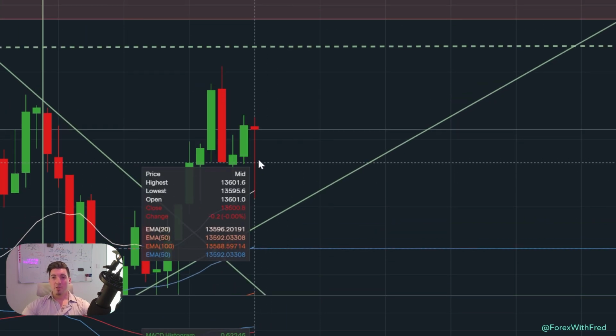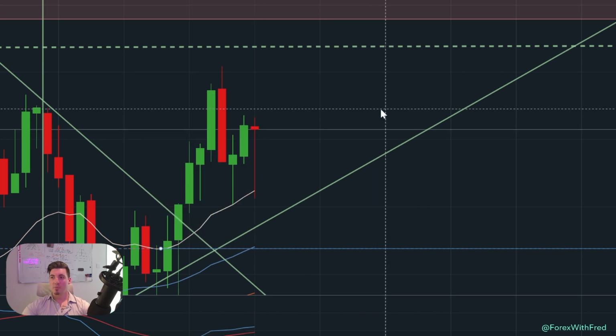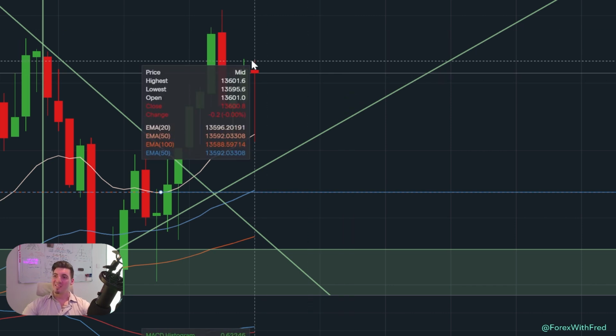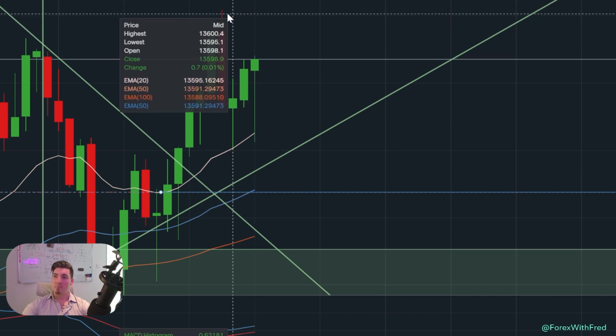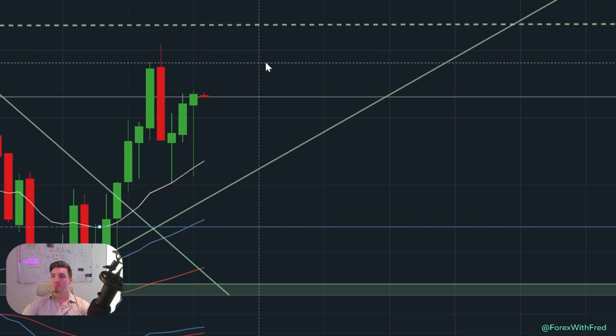But there's a lot of pressure pushing this price back into the upside. Hopefully the buyers are winning this. They're in a bit of a stronger position. Like I said, if we get back to this price point, I'm likely going to close this trade.